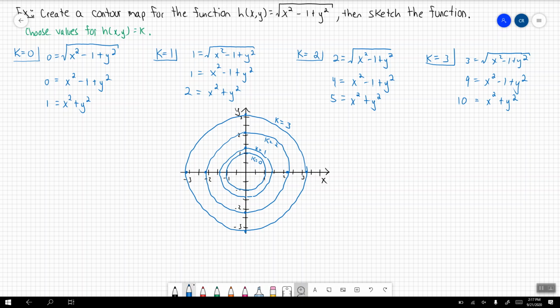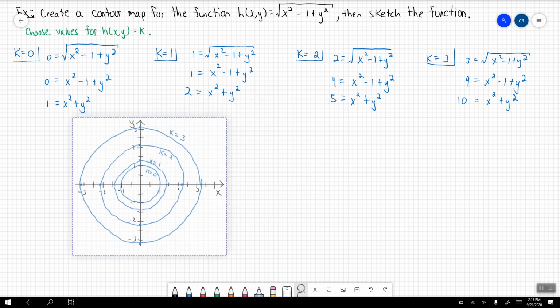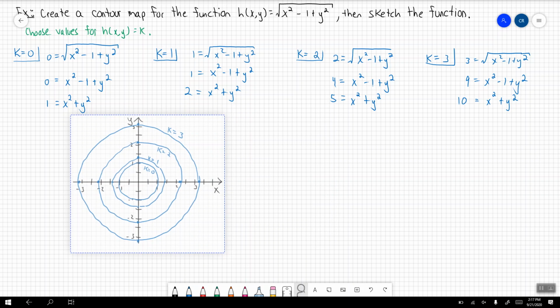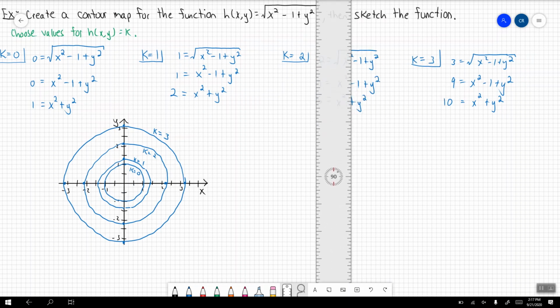So what we want to see now is what this looks like in R space 3. Let's get that going, and again, just analyze those level curves and see what we get from that.